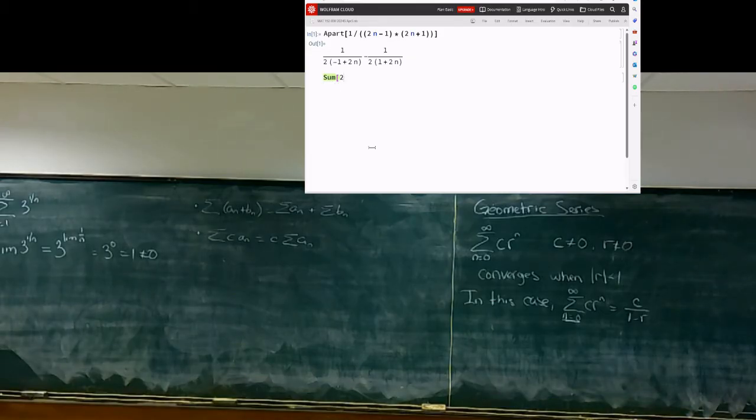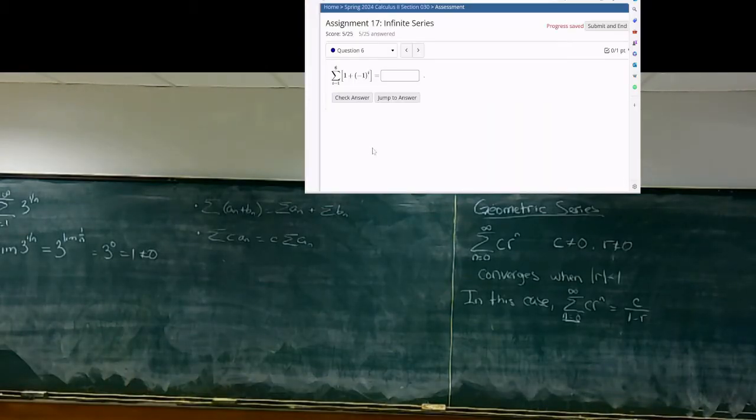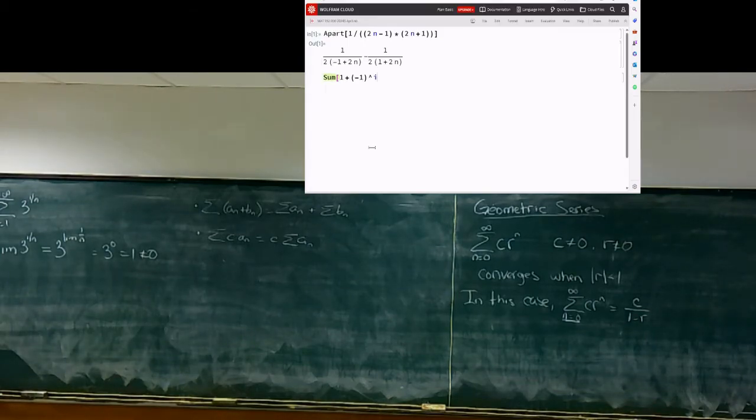It was the sum of 1 plus -1 to the i, and then i went from 1 to 6. Six.